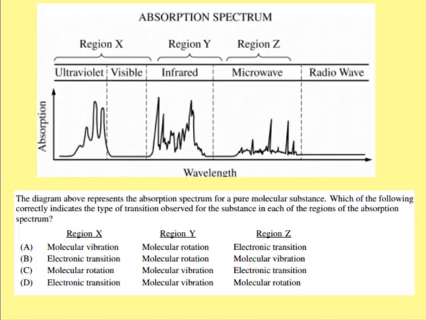So here's one type of question that has been asked on an AP exam. Go ahead and pause the video and figure out which one you think this is. Restart when you have an answer. So just remembering that microwaves had to do with rotational movement. That was region Z. So region Z, the only one that says rotation is this last one.